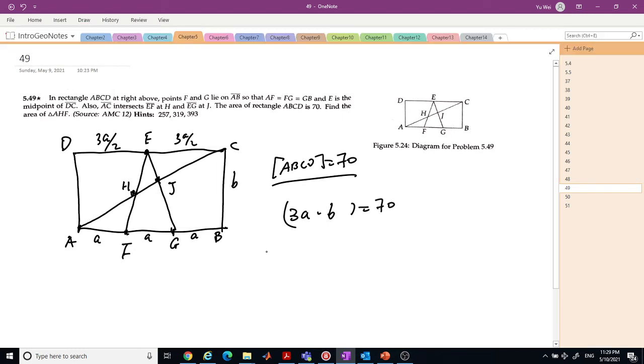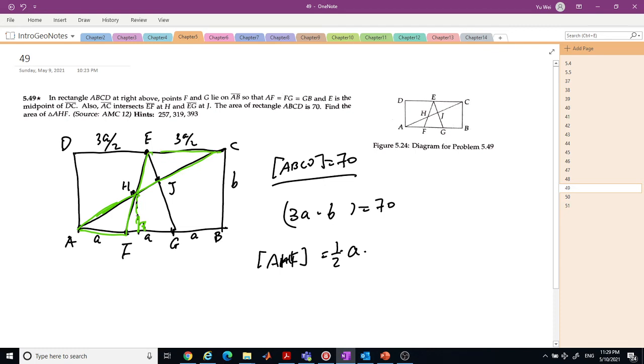The AHF is equal to half of A times the height, right? If we figure out this height against the B, then we figure out the ratio. So we can use similar triangles, because it's H, right? See this triangle and this triangle, they are similar, right?